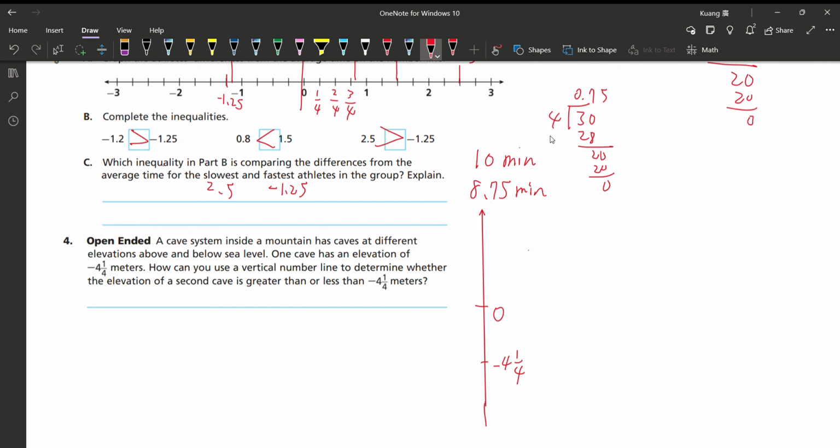Because on a vertical number line, the higher cave is on the top and the lower cave is at the bottom. It's open-ended, so you can use your own words to describe it.